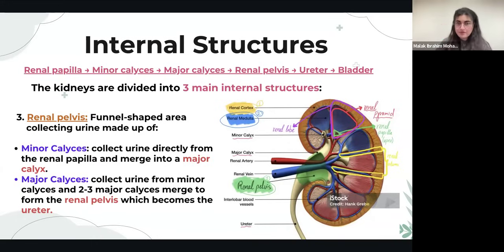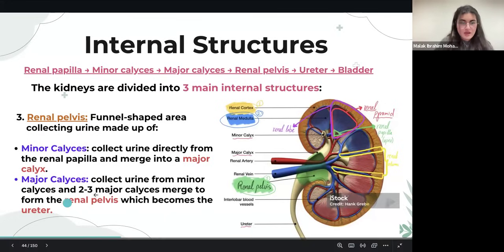So each renal pyramid becomes a minor calyx, and then this collects the urine directly from the renal papilla and it merges to become a major calyx. So a major calyx is basically just made up of minor calyces, and a minor calyx is formed by the renal papilla or the apex of the renal pyramid.